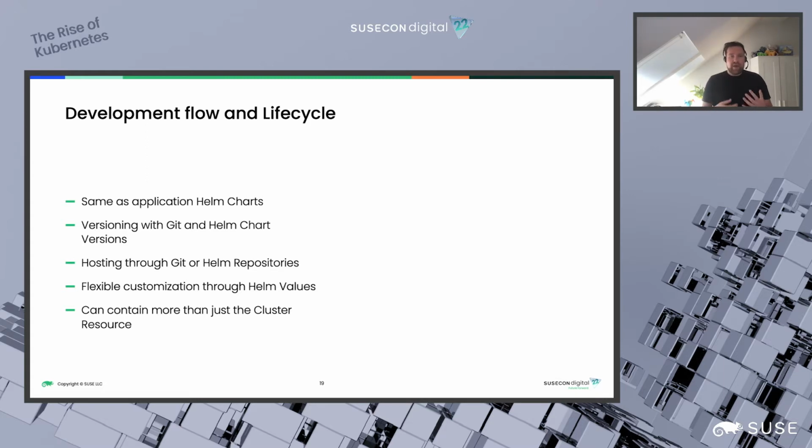And it's very flexible to customize it then through Helm values, including not only allowing the customization of all values, you can also have some validations on the values to ensure that only a certain subset of values are accepted for things you want to make configurable. And as I said before, it can contain more than just the cluster resources.